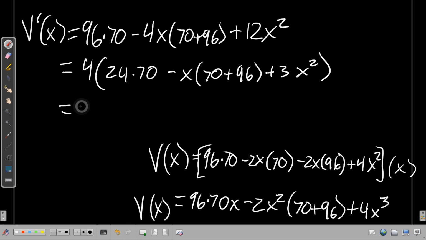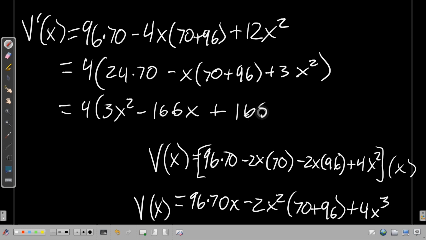So let's write it like this. We have 4 times 3x squared minus 166x plus 24 times 70 is 1680. So then this is the polynomial to factor now.